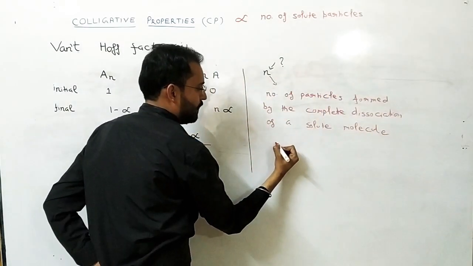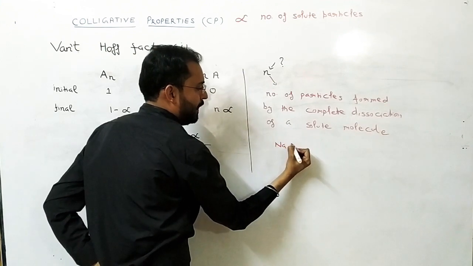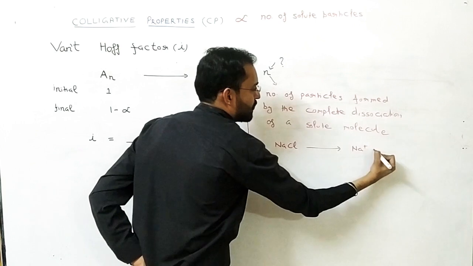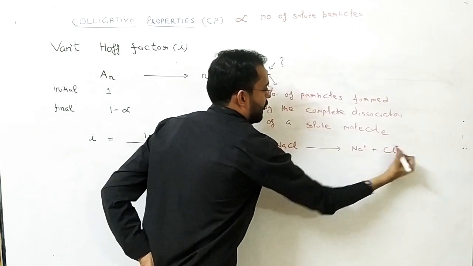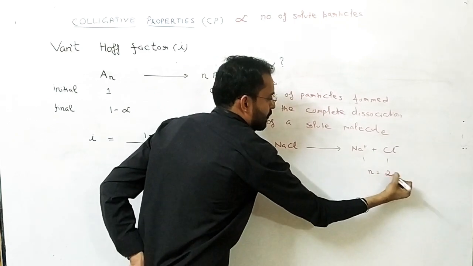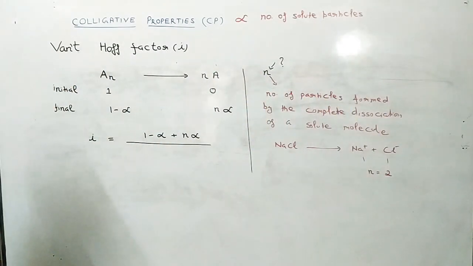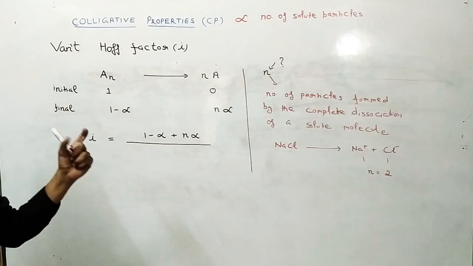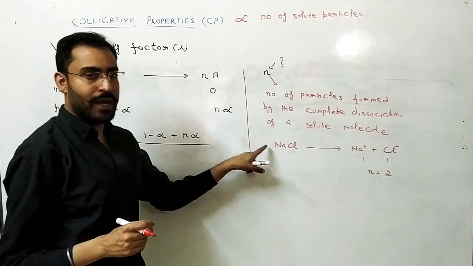For example, NaCl dissociates to give Na positive, Cl negative. So what is the value of n? It's 2. Hopefully it is somewhat clear to you about n.